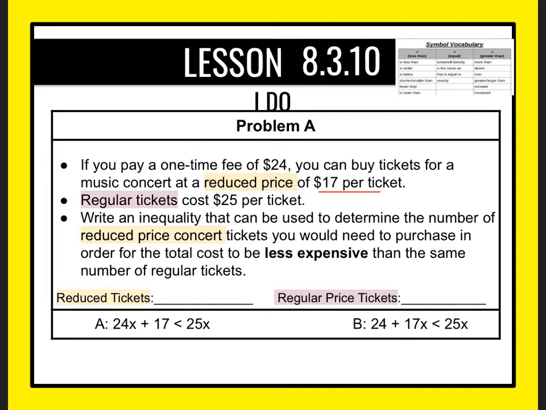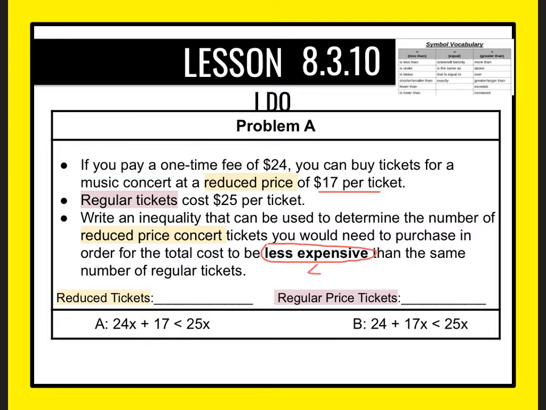So our job is to write an inequality that can be used to determine the number of reduced price concert tickets that you would need to purchase in order for that total cost to be less expensive than the same number of regular tickets. So we know that that less expensive goes with our less than symbol.